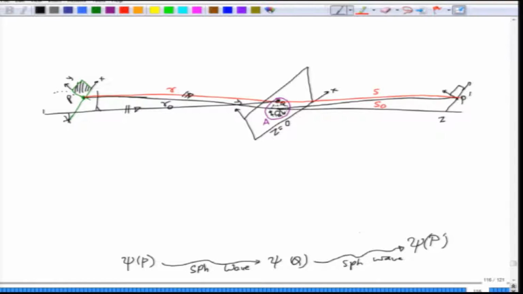Okay. The second assumption that we make concerns the field that you are going to get at point Q on the aperture because of the point P on the source side. I have an aperture, and the aperture could actually modify the field that is coming in, right.